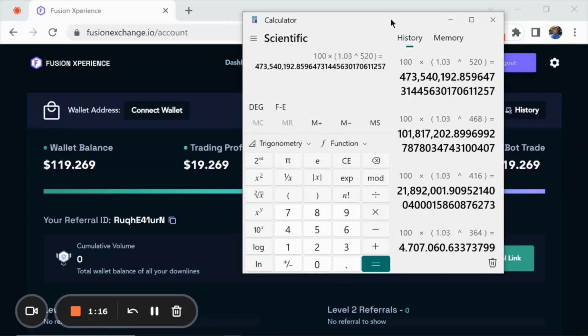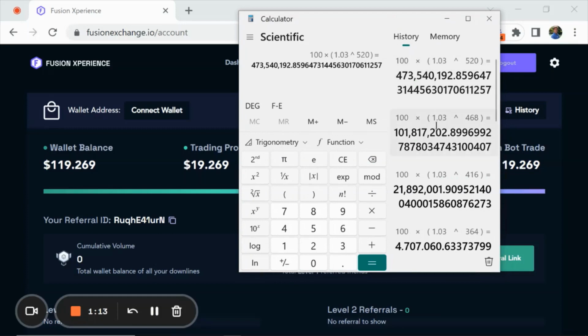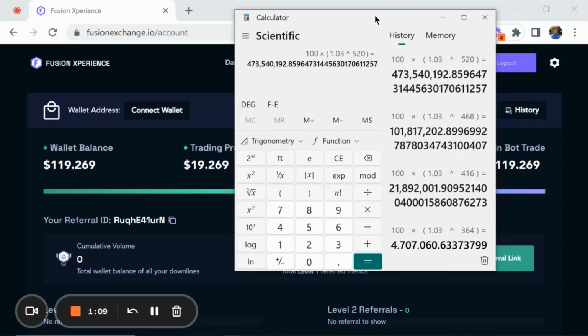And so thus you can see the overall huge exponential growth that one would see when utilizing the power of compounding.